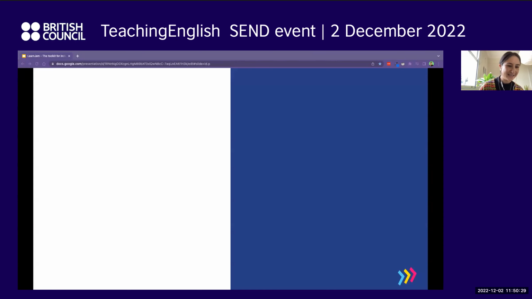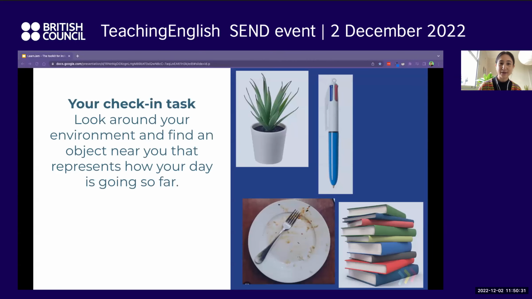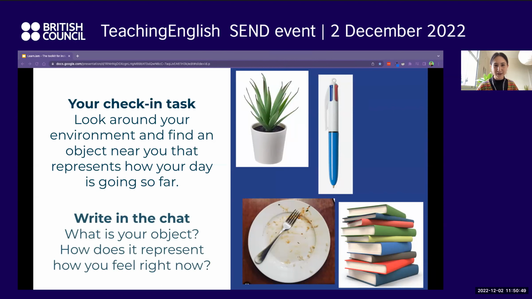So the check-in task today is, I want you to stop for a moment wherever you are and look around your environment. I want you to find an object that represents how your day is going so far. If possible, go pick this object up, hold it in your hands, and then write in the chat, what is your object and how does it represent how you feel right now?